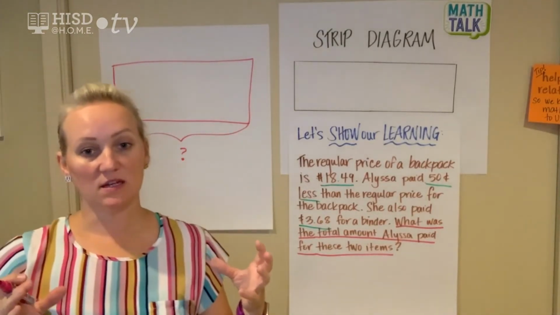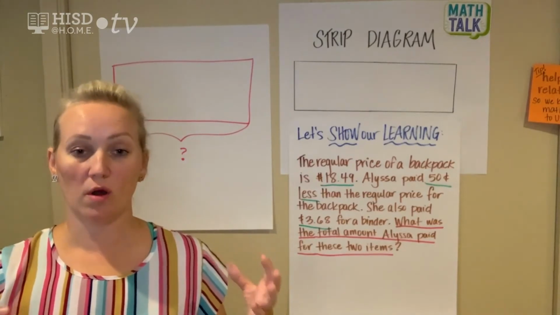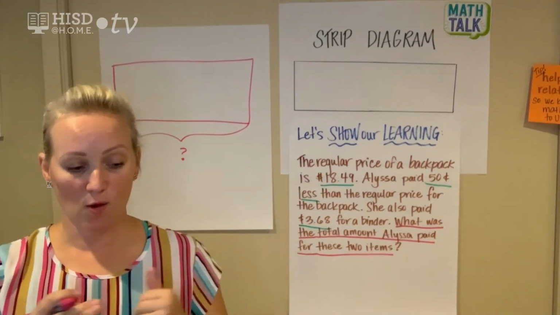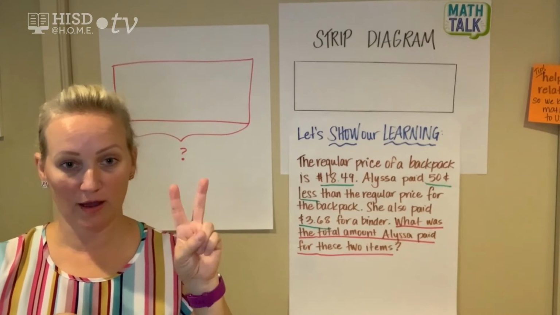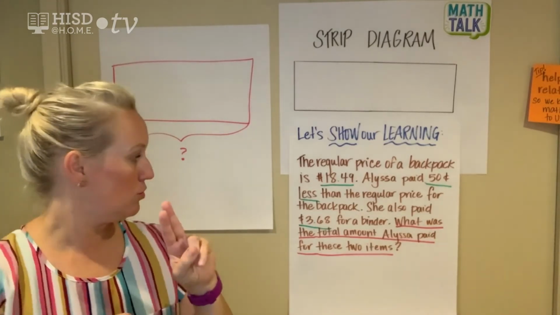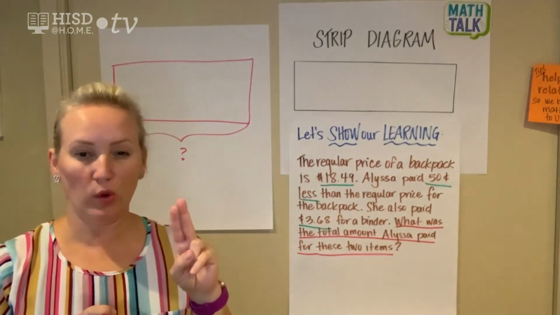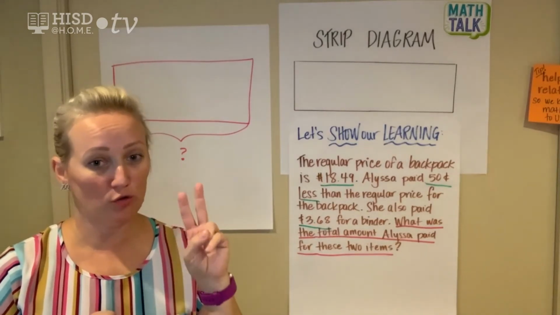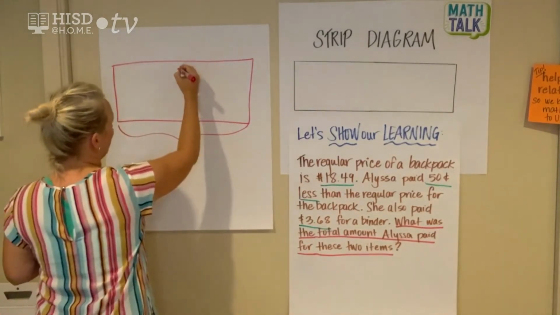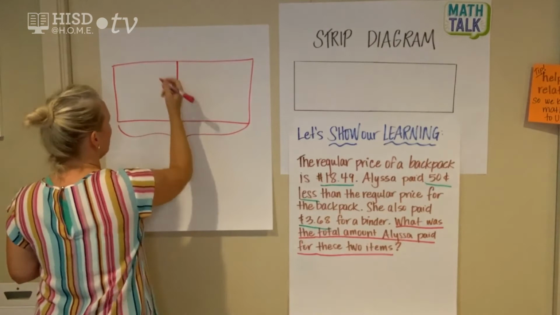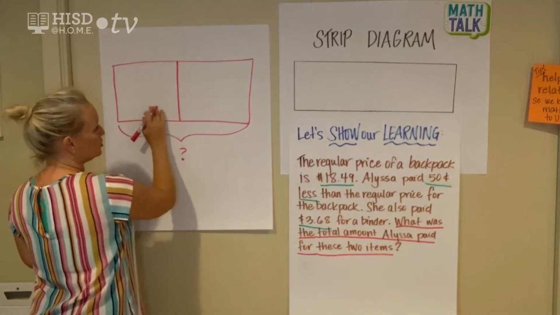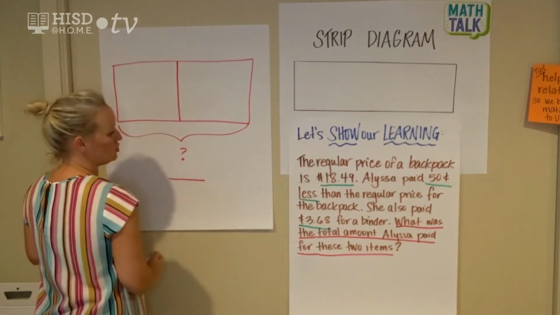This box is going to be used to represent the total amount that she paid, okay? And we know for a fact that she bought how many things? 2. We didn't say anything about change. We just know that there's 2 items. So I'm gonna break this in half. And there's two things she bought and we don't know how much total.